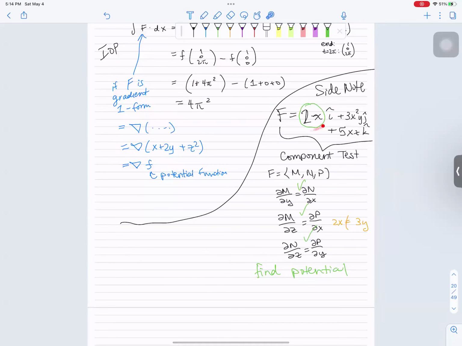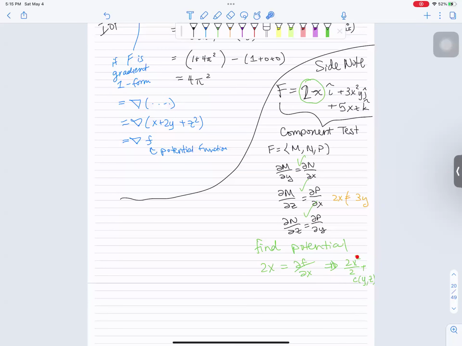I know that the first component of the vector field equals the partial of my potential function with respect to x. If that's true, how do I find f? I can take the integral of 2x. When I take the integral of 2x with respect to x, what is that? 2x squared over 2 plus some other expressions with respect to y and z.